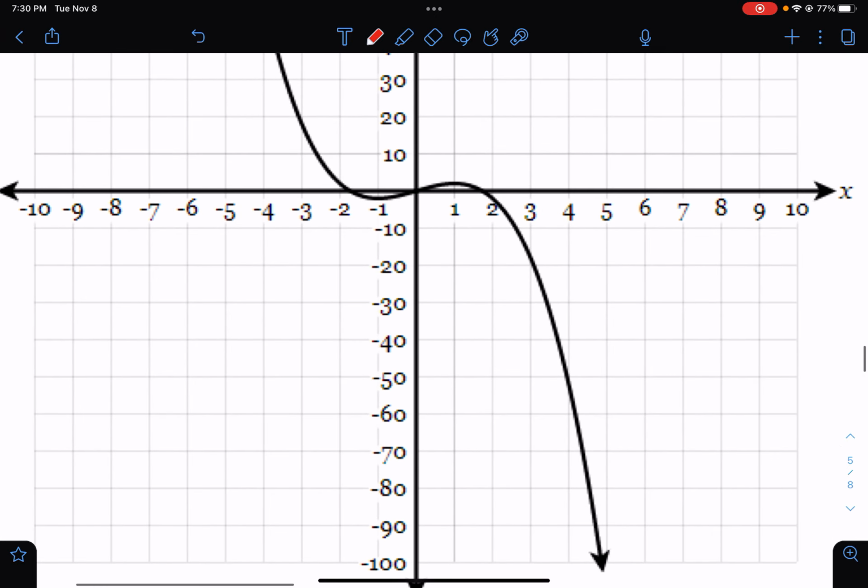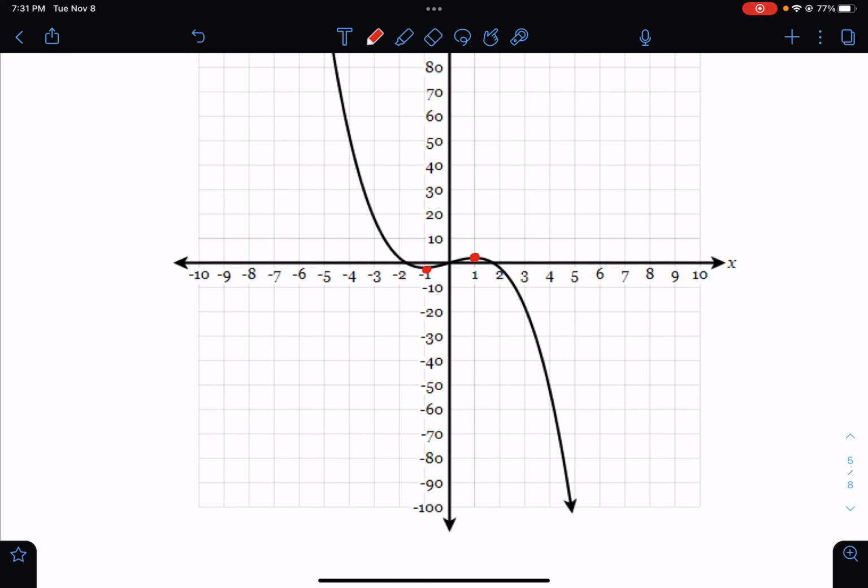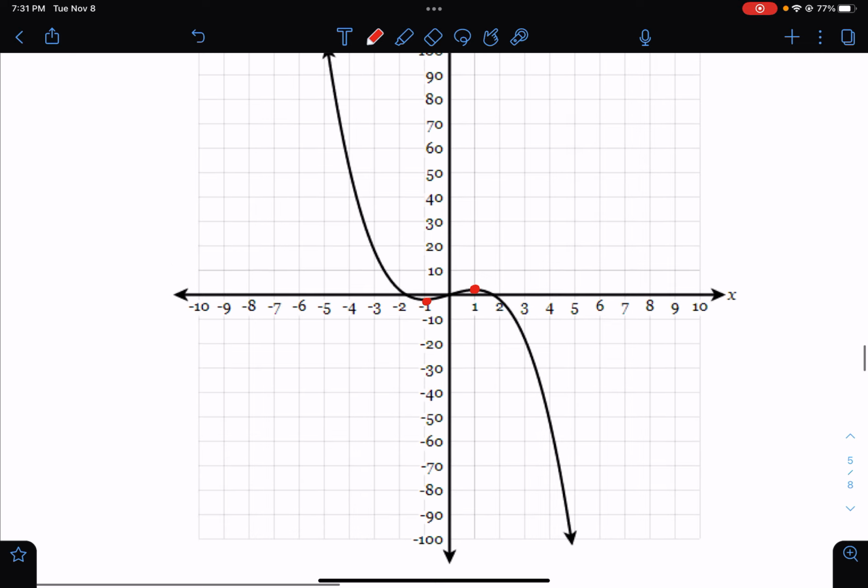So if you look, we have 1, and then we go positive there, 1, negative there. You can pick another point too, like negative 4, 50. When we go to 4, we go to negative 50, okay? So we can see that it has that symmetry there, right?